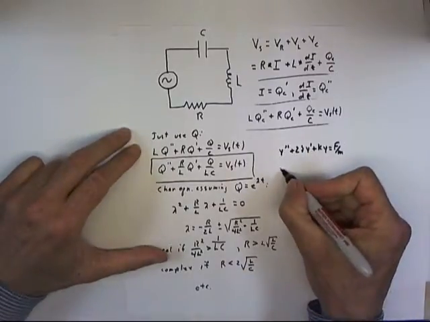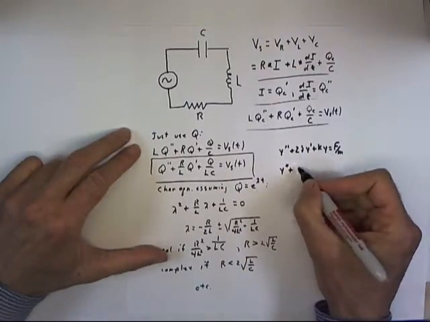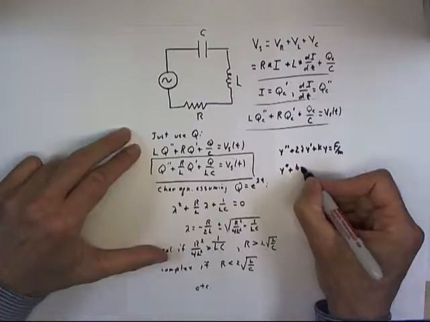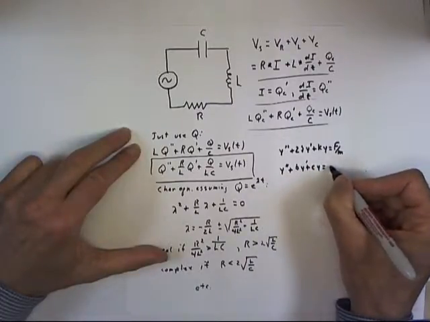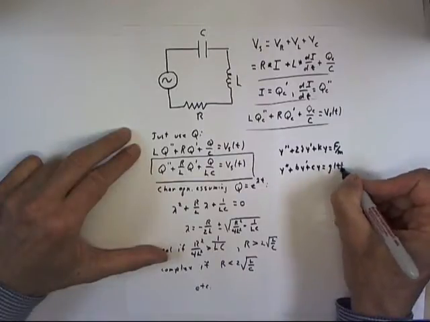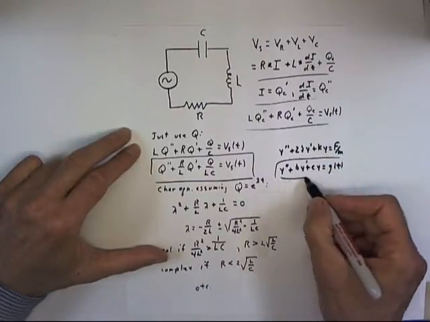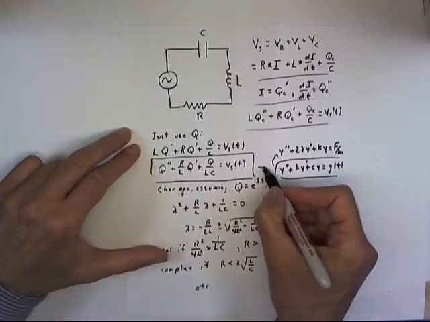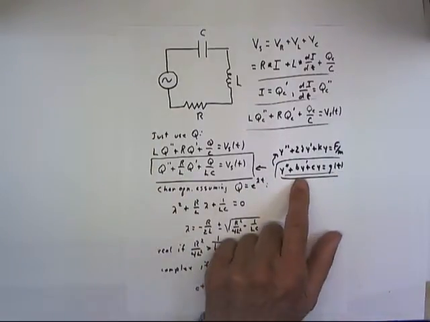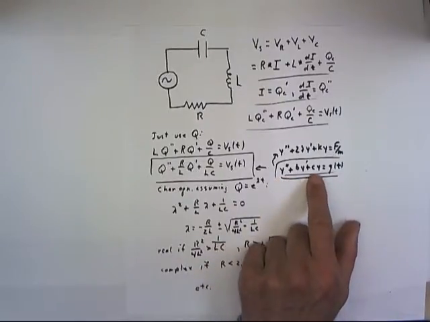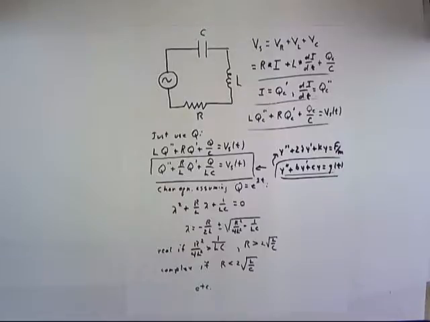And I'll write down this equation, which is very much like this equation or this equation. This is the general form of the non-homogeneous second order linear equation. The solution method is identical.